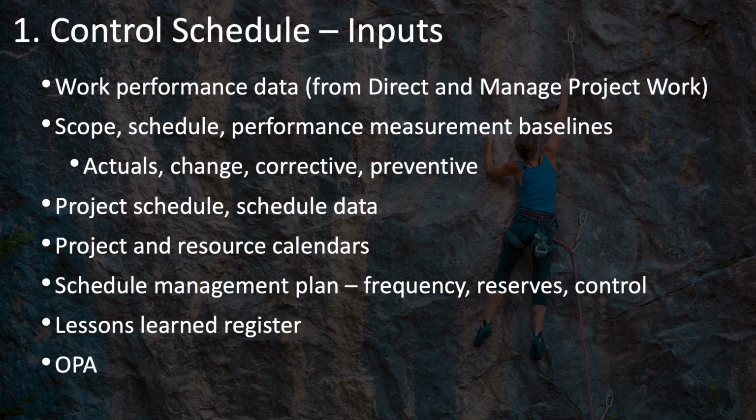The actuals data is then compared to your baselines to determine your current schedule status and whether any changes have happened or are needed, as well as any needed corrective or preventive actions that should be taken.